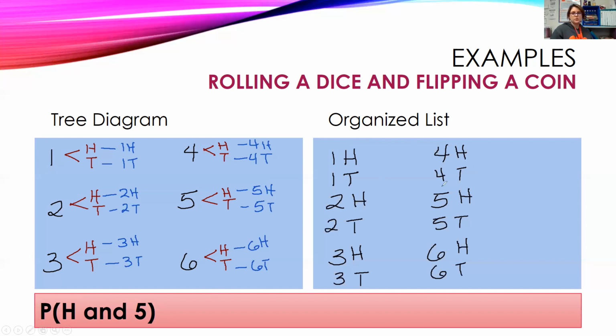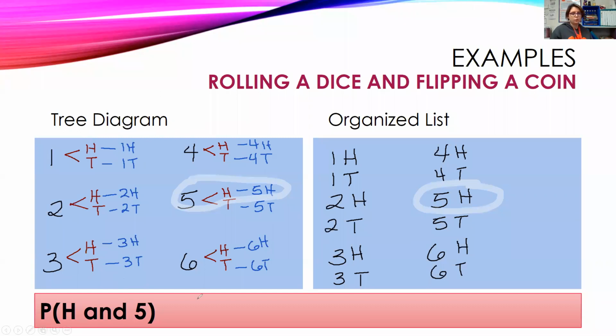So now I want to know the probability of getting a heads and a 5. So I can see in my tree diagram, if I follow the branches, I have one outcome that is a 5 with a heads. And I can also see in my organized list, I have one outcome that's a 5 and a heads.